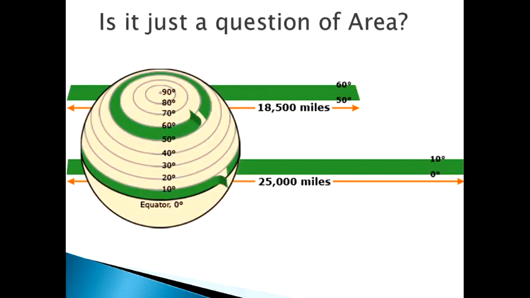Is it just a question of area? If you were to literally measure the area of, say, the high polar regions, or not so high polar regions, but the area between 50 and 60 degrees north latitude, so a region between 2 10-degree latitude lines, there'd be 18,500 miles, but a similar latitudinal spread from 0 to 10 at the equator gives you a much larger area.